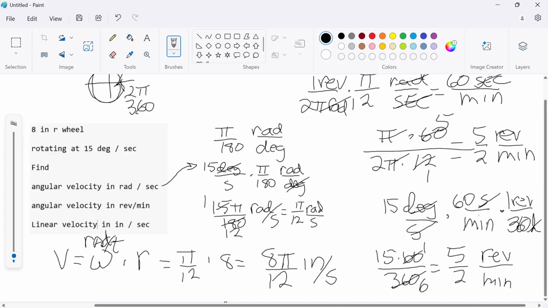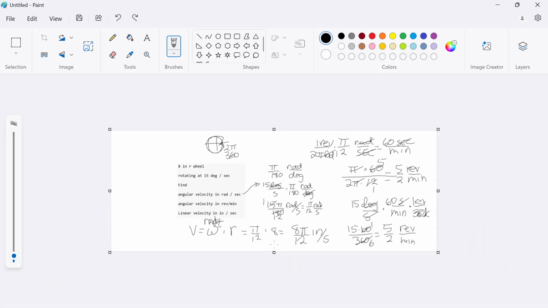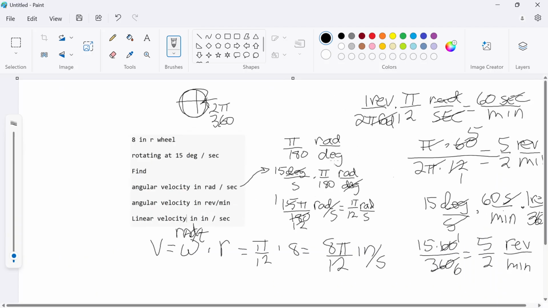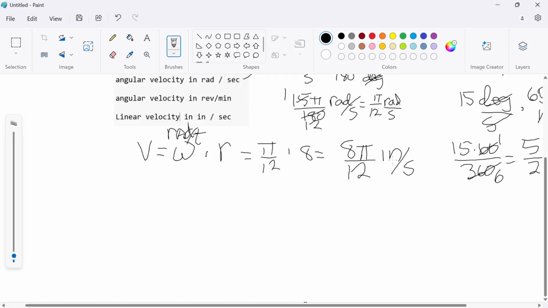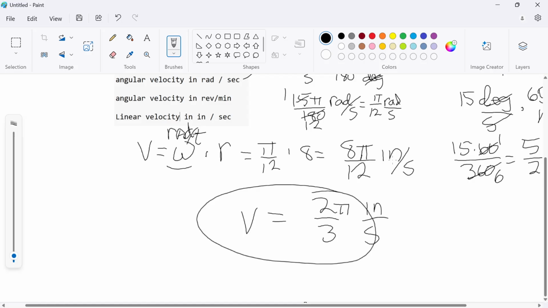Simplifying, 4 goes into 8 twice, 4 goes into 12 3 times, so 8 twelfths is equal to 2 thirds. 2 pi over 3 inches per second is the linear velocity. Remember, linear velocity is always the angular velocity in radians per unit time times the radius. So that's the answer for the linear velocity.